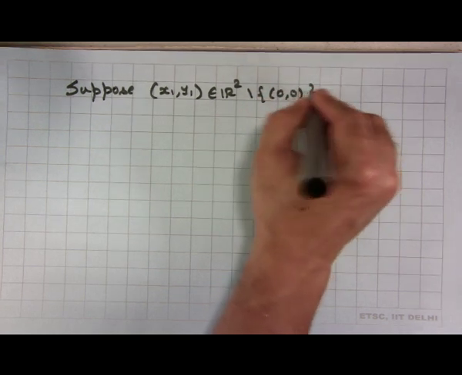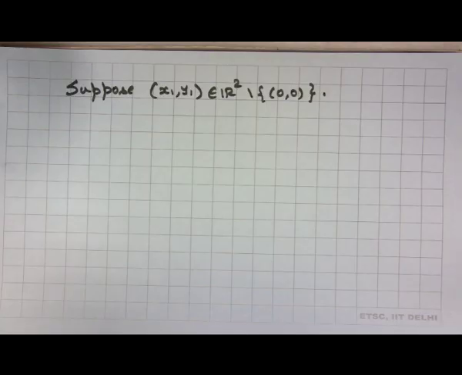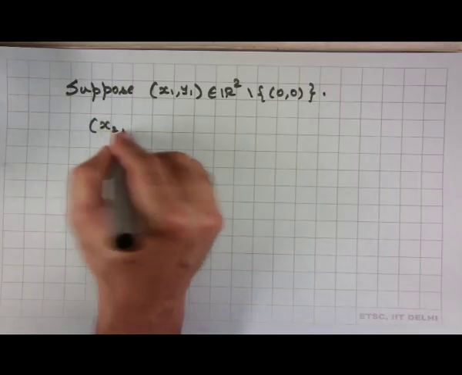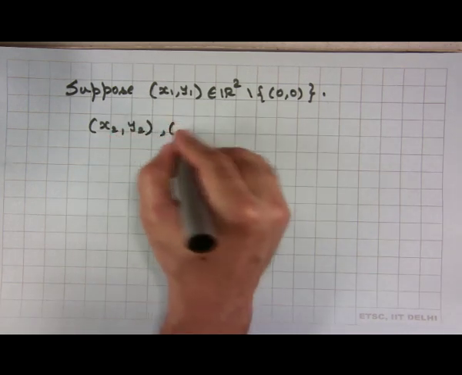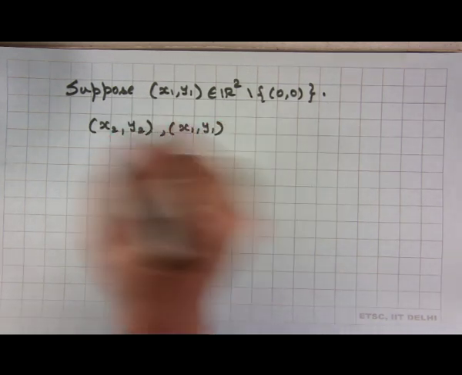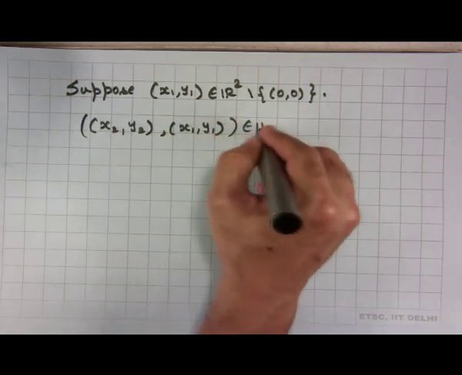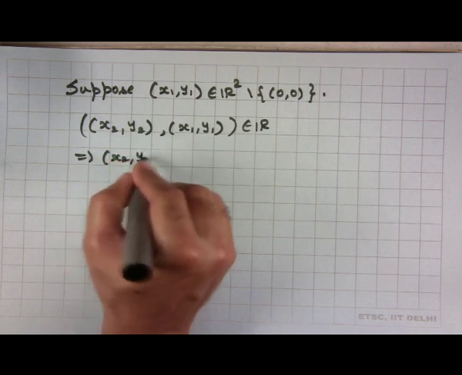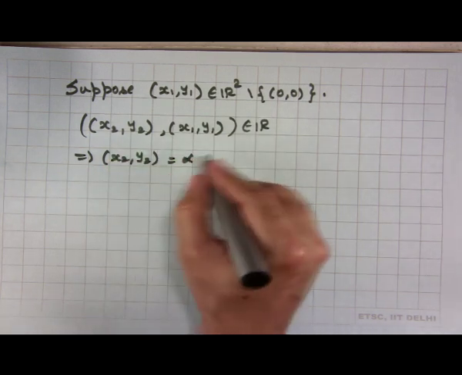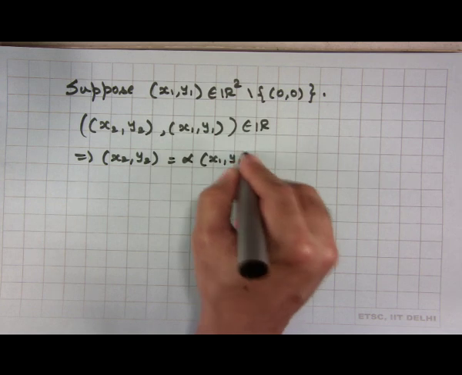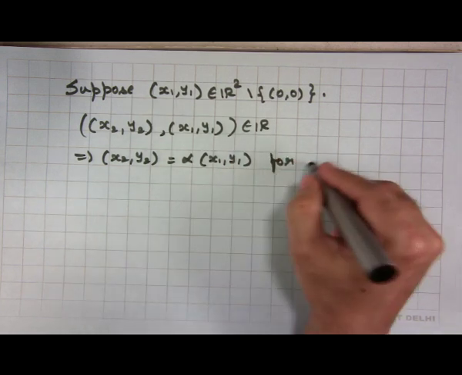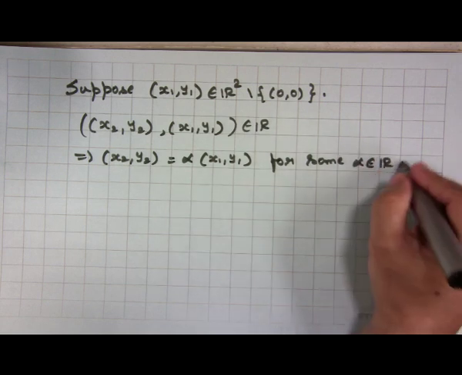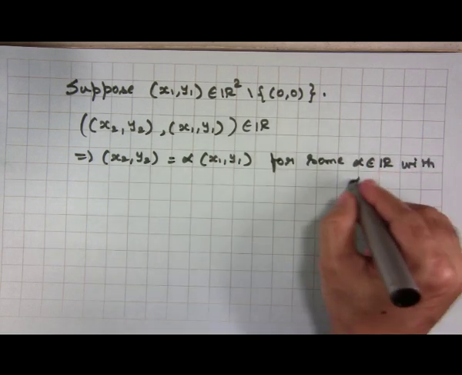Let us try to determine the equivalence class containing this (x1, y1). If the pair (x2, y2), (x1, y1) is in R, that implies that (x2, y2) is just alpha times (x1, y1) for some alpha in R with alpha non-zero.